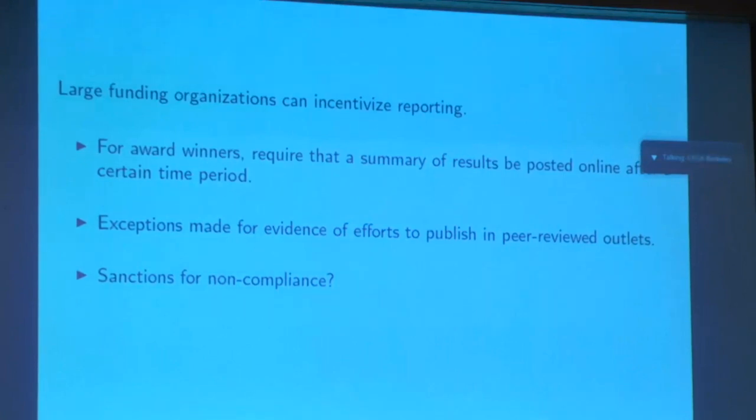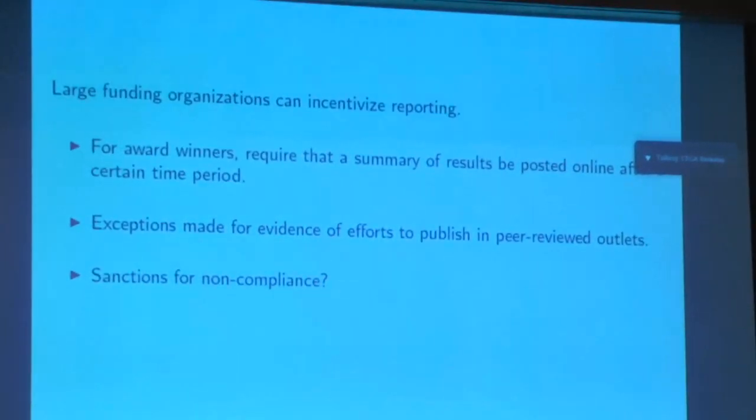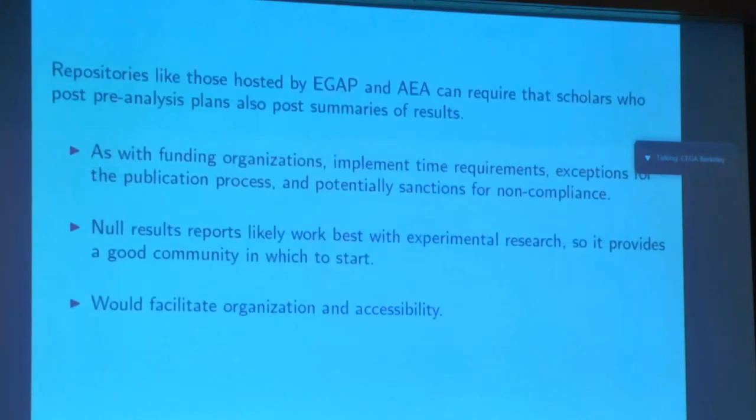But the expectation here is that eventually, or if you decide not to publish, you will post something online. And then perhaps it would be possible to consider sanctions for noncompliance, even if only referencing online that this requirement hasn't been met, but that would probably be open for discussion.